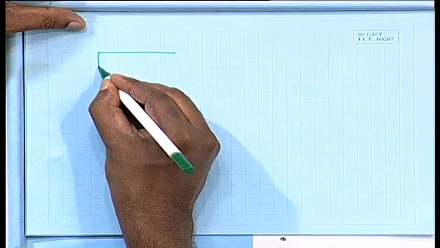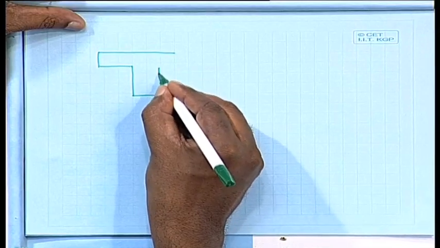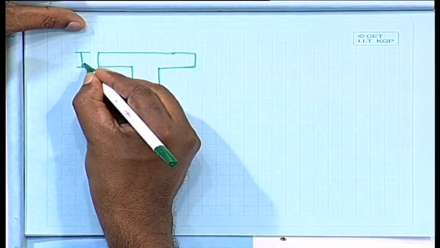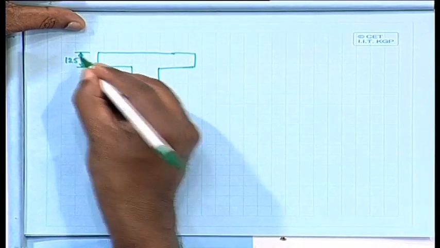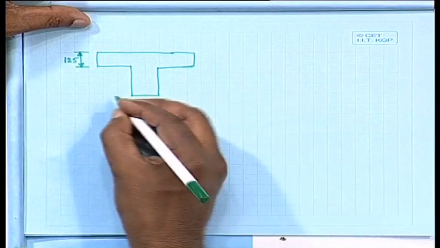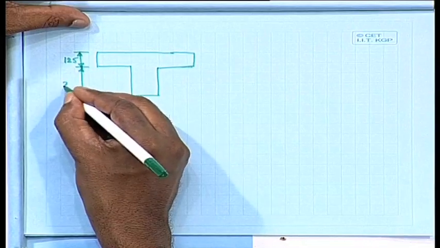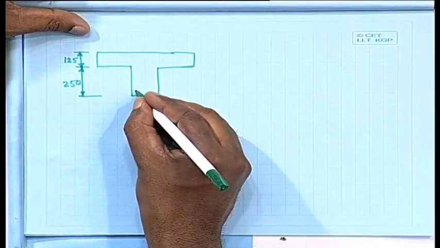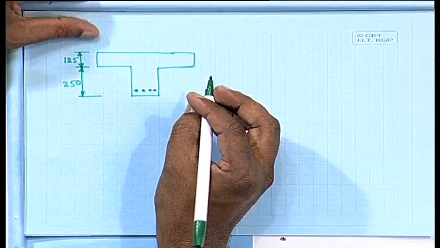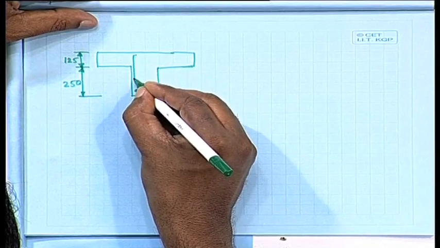We shall provide the T section, we have here 125, and this one 250, we have 420, and the stirrup.